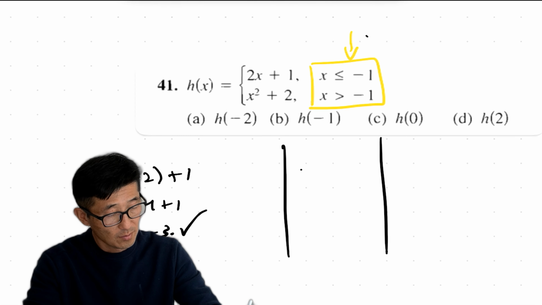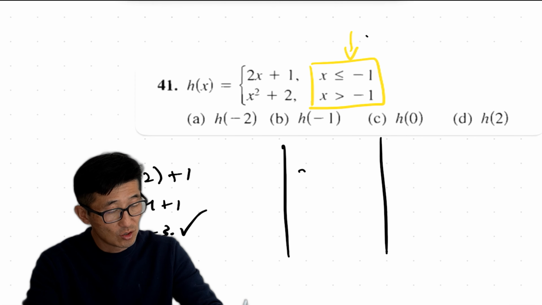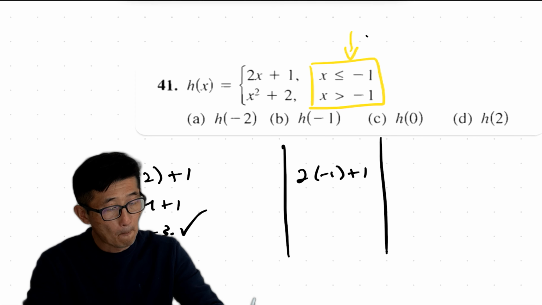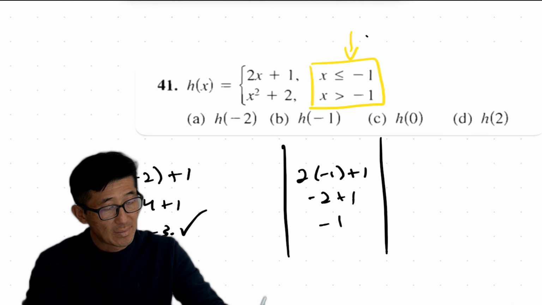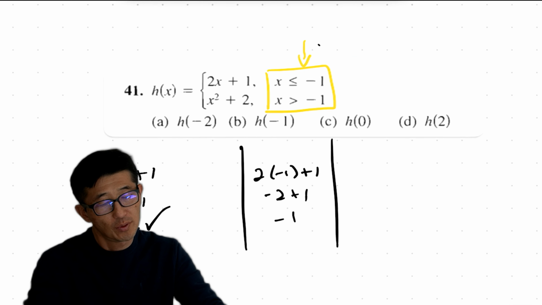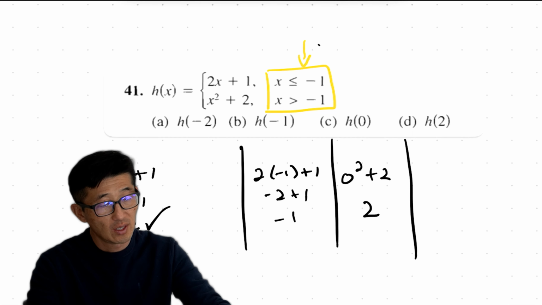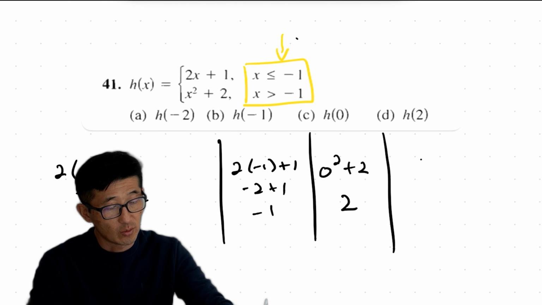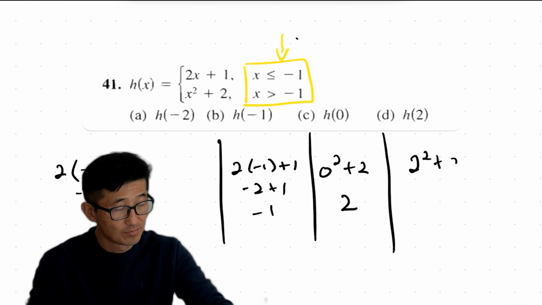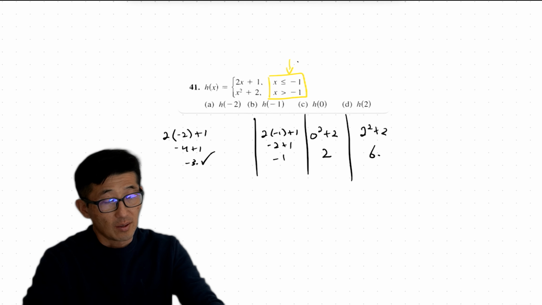For 0, you'll plug it into the second one. So it'd be 0 squared plus 2, which is 2. And then for 2, you plug into the second one. Okay, pretty easy.